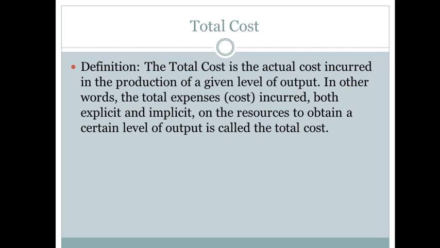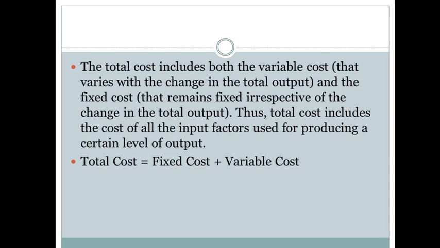So the total cost includes both the variable cost that varies with the change in the total output, and the fixed cost that remains fixed irrespective of the change in the total output.